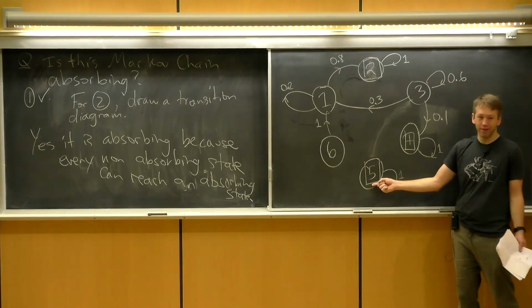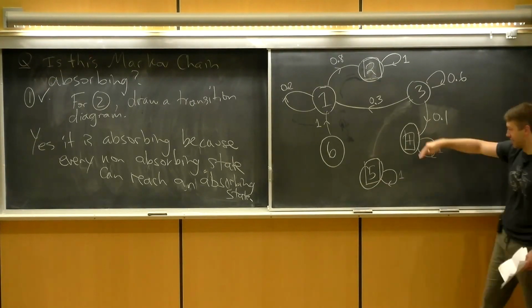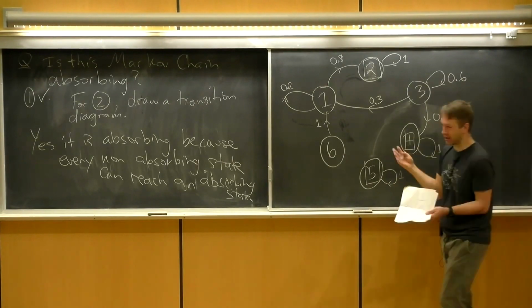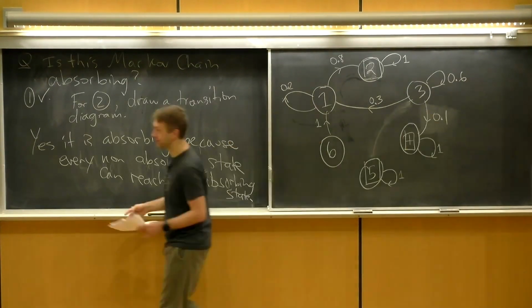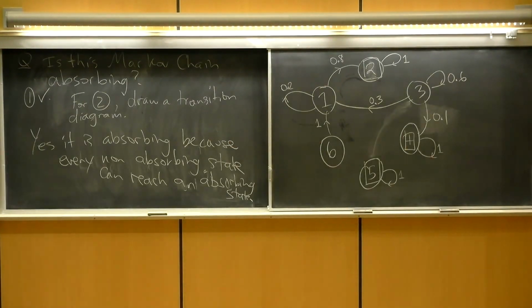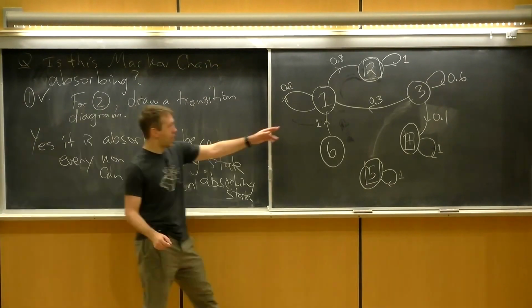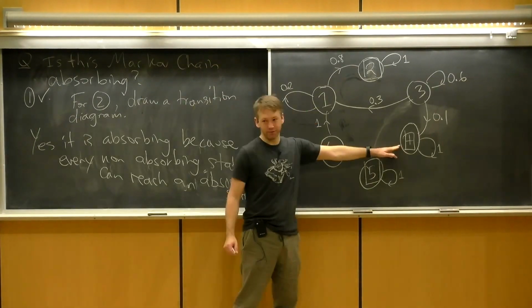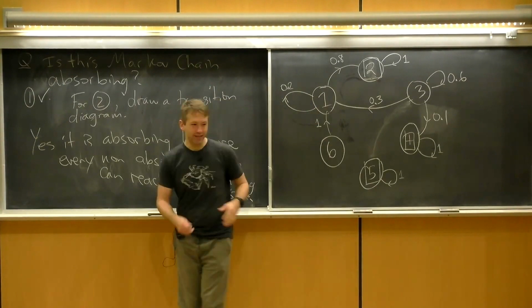It doesn't have to be the case that everyone can get to every absorbing state. At least one of them. So 1 can't get to 4, but that doesn't really matter. It just has to get to some absorbing state.